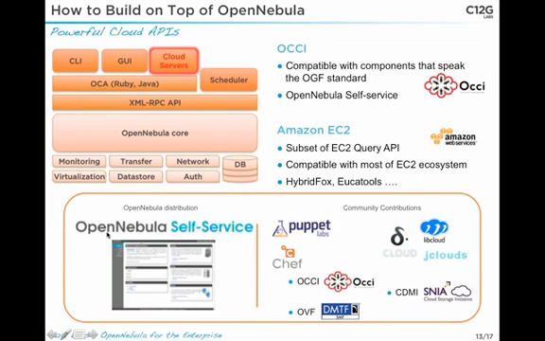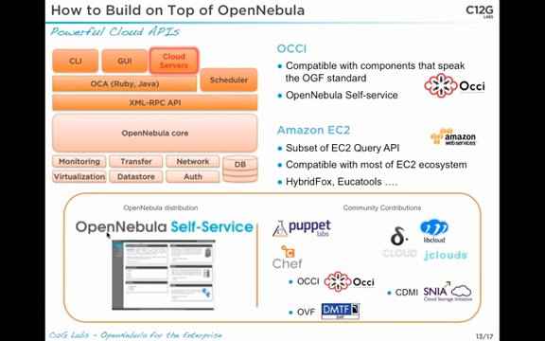Okay, so what else can you build on top of OpenNebula? Well, there's a number of cloud servers to implement different public cloud APIs, like for instance the OCCI server, which exposes the OGF standard for virtual machine, storage and networking management.